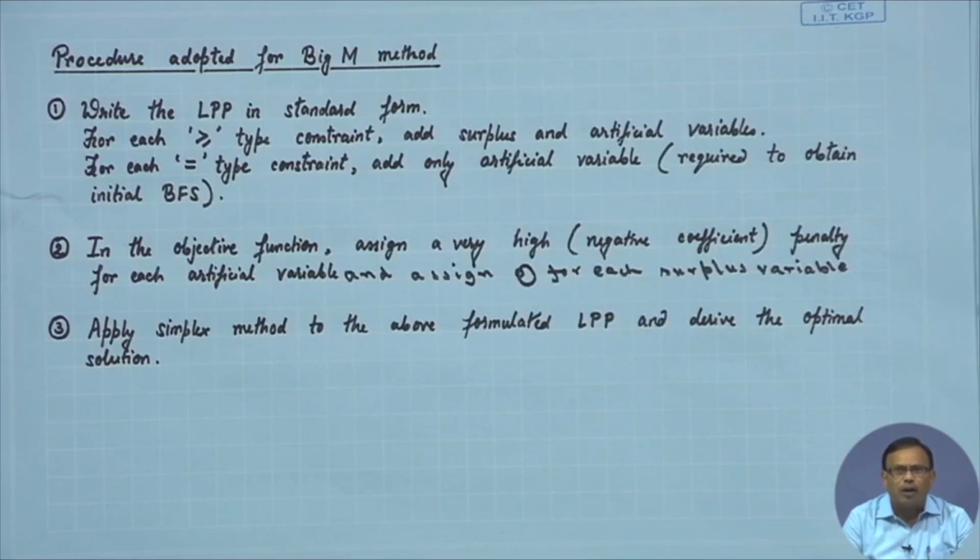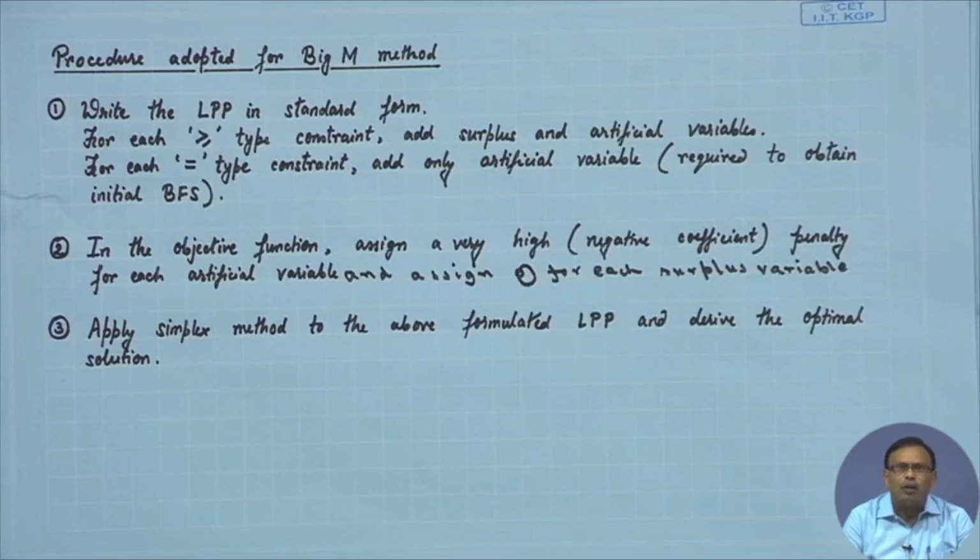Once we have done it, then apply the simplex method to the above formulated LPP defined in step 2, and derive the optimal solution, as we have done earlier using the normal simplex method.